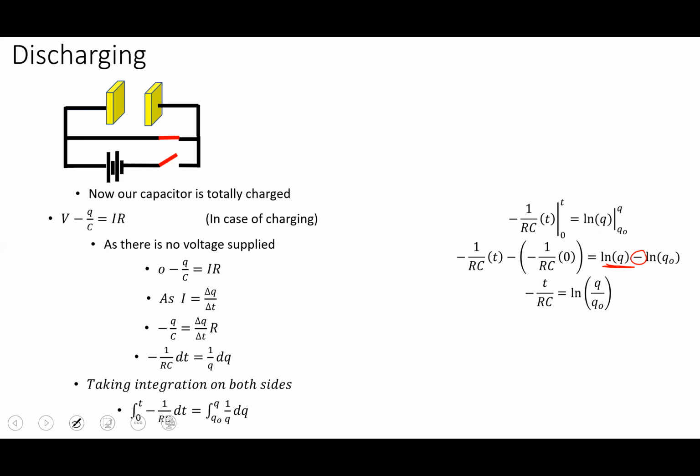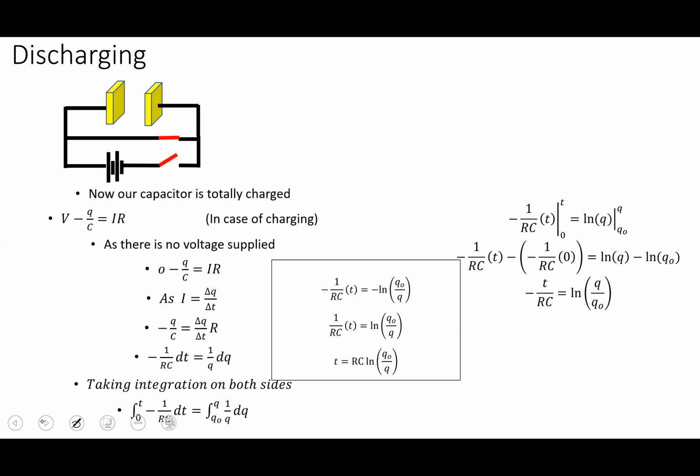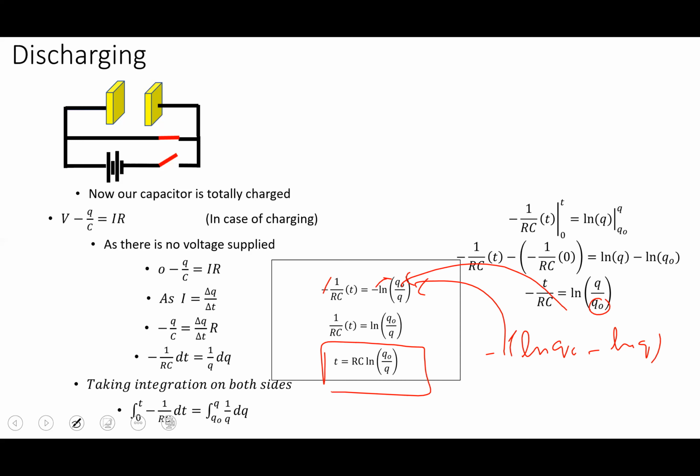If we want to take the time constant, it will be 1 over RC into T is equal to minus log of Q over Q naught, which, taking the negative common, cancels out the negative. So it will be 1 over RC into T is equal to log of Q naught divided by Q, or we can figure out the time in this case, which will be equal to RC into log of Q naught divided by Q.